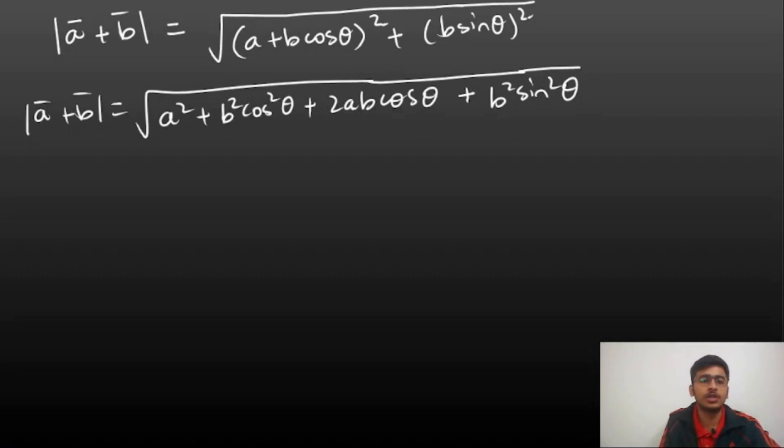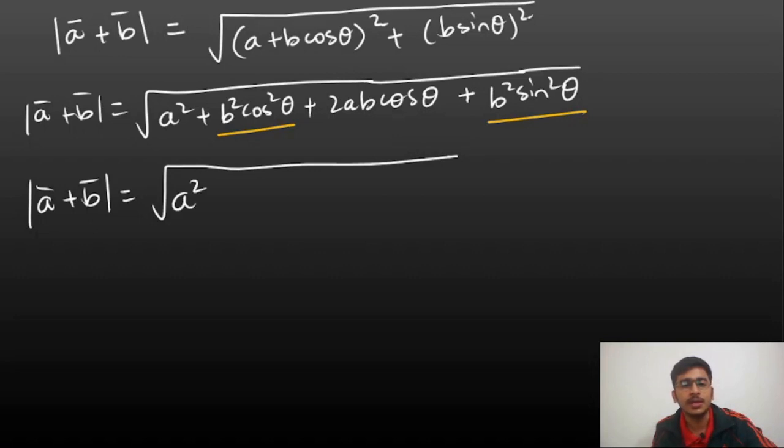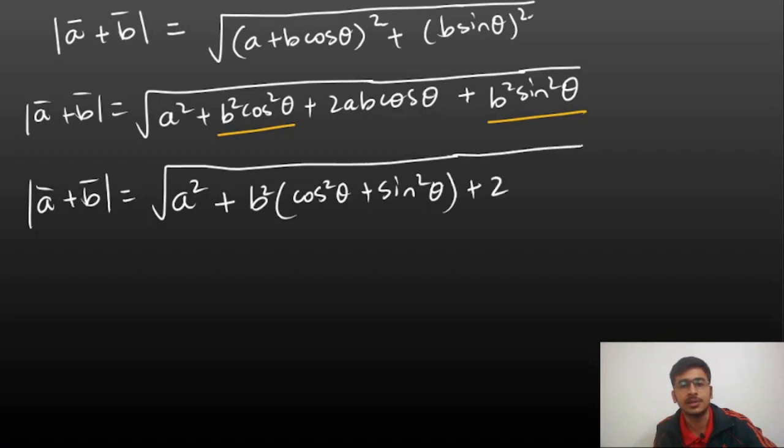And if we look at these two terms, this is my first term and this is my second term. Well, I can take b squared common. After taking b squared common, the magnitude of a plus b vector can be written as the root of a squared plus b squared common, so cos squared theta plus sin squared theta, and the 2ab cos theta remains as it is.